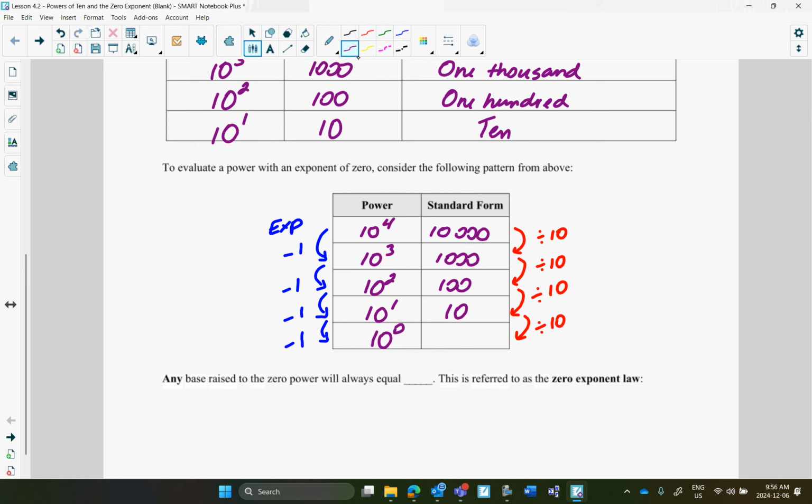Well, it'd be 10 divided by 10. It's just 1. Anything to the 0 power is always 1. I know it seems a little weird, but that's how we get it. If we show a pattern, we can see how we get that.